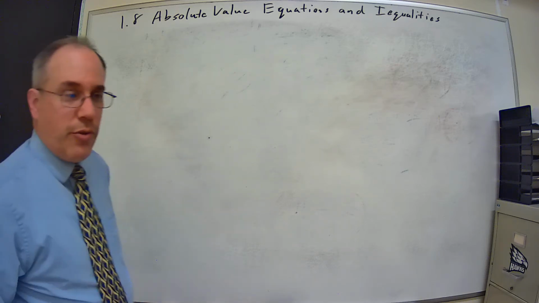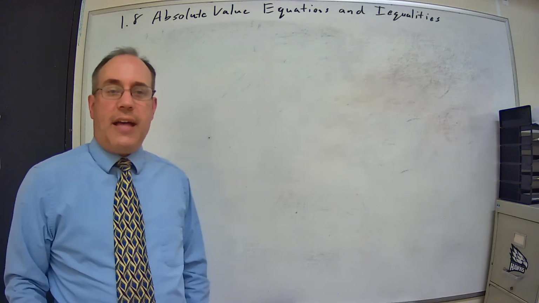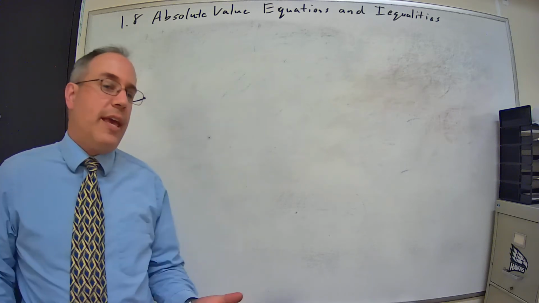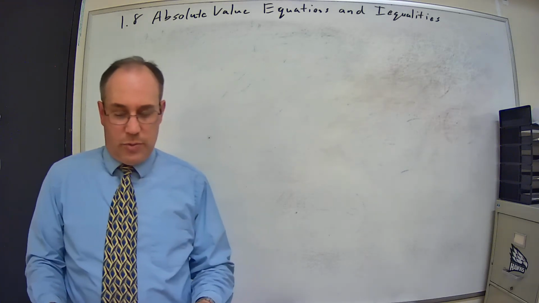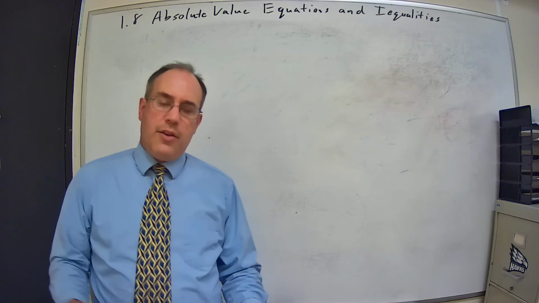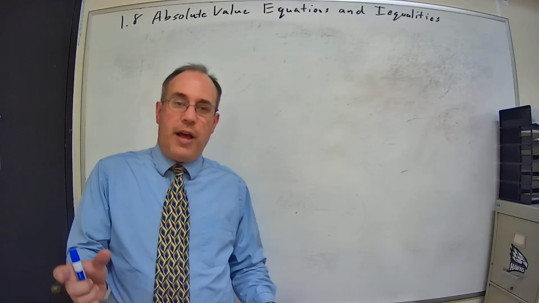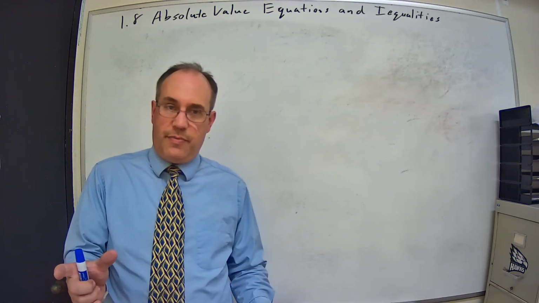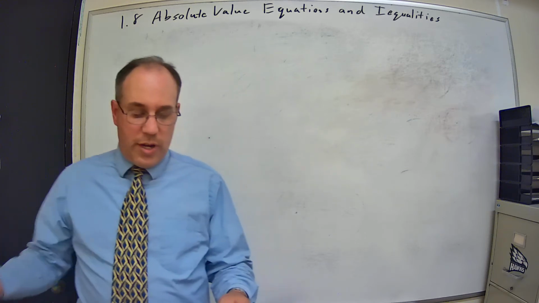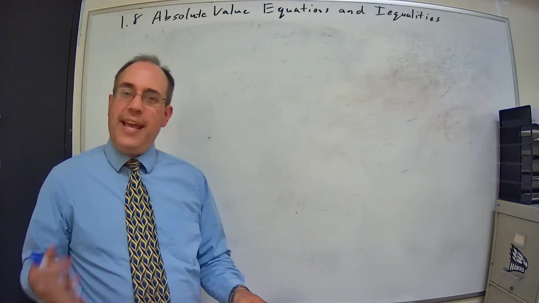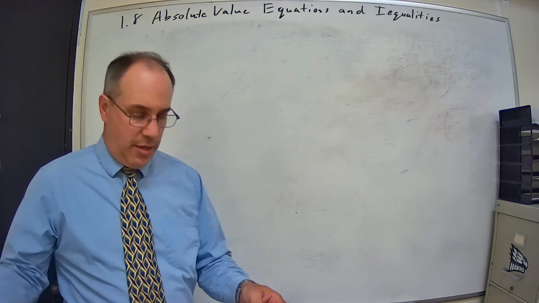Now what I'd like to do is look at an application of this, and specifically recognize that we're talking about distances. So I'm going to look at it as, well, what if we have a statement such as this?